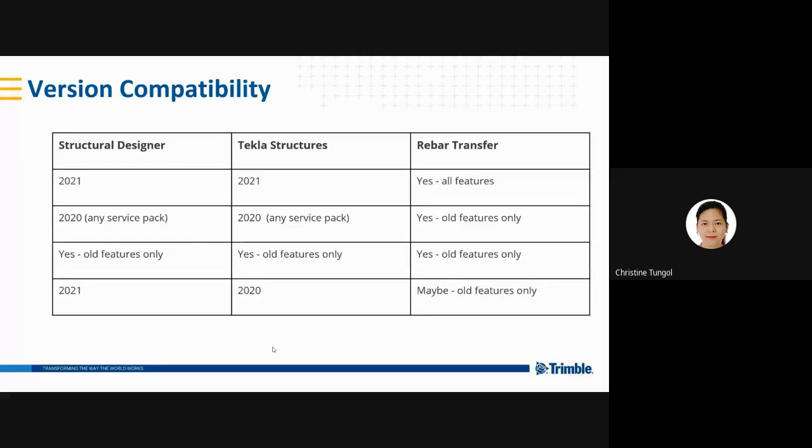So the rebar transfer only works if both Tekla Structures and Tekla Structural Designer are installed on the same PC and use the Tekla Structural Designer model file, which is .tsmd. So the old two-part process of exporting a file by CXL in one product and importing it into the other works for all combinations of versions, but the rebar is not transferred.